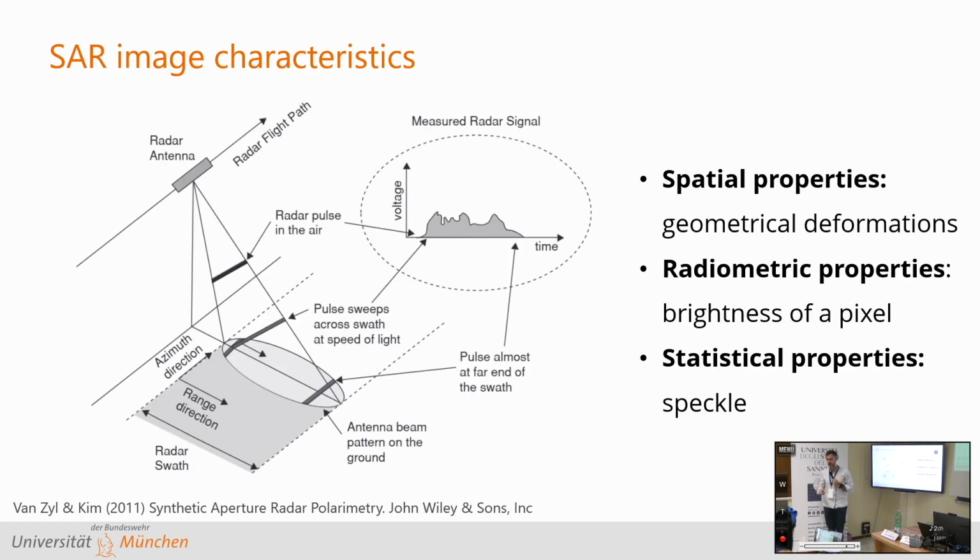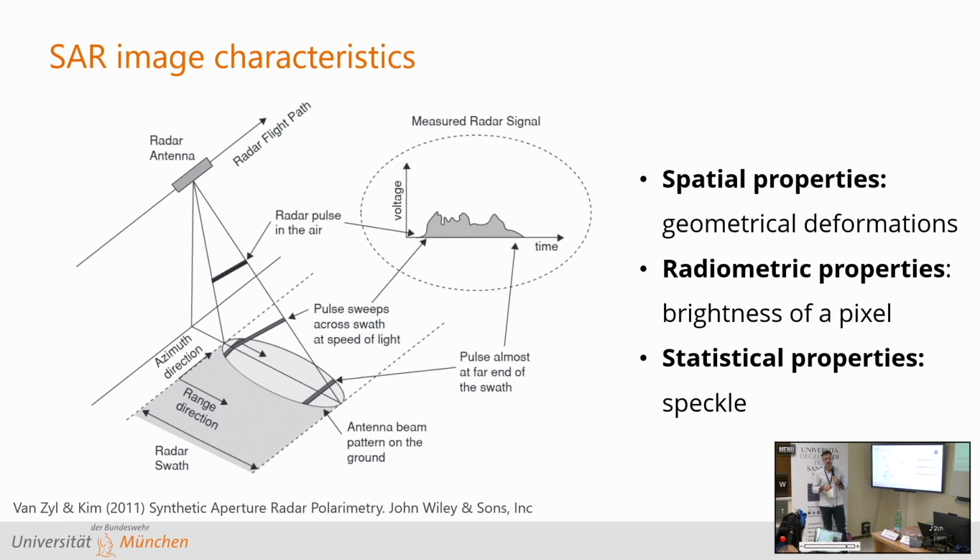I recall again the SAR acquisition geometry. We have a side-looking system. We have a system that acquires several pulses to form an image. We have something that has a statistic that is not Gaussian, as we saw in the first part of the tutorial. So we have plenty of characteristics of SAR data that we should take into account.